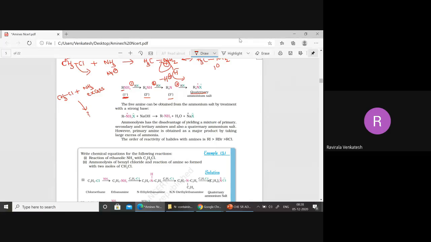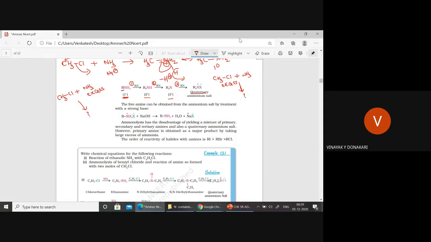Second thing I'm writing here, all of you listen: CH3Cl plus ammonia, where I have taken excess of methyl chloride. Which will be produced here as the major product? What is the major product? Anybody? In one case, I have taken ammonia in excess. In the other case, I have taken methyl chloride in excess.